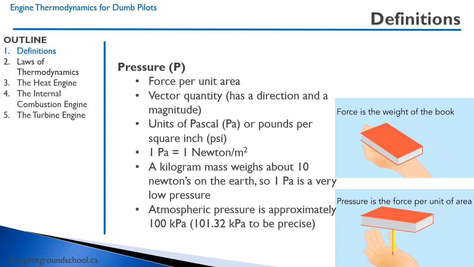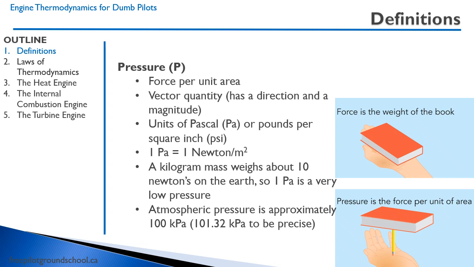That would be very, very low pressure, like you're barely feeling it. I bet a fly landing on you would be more than a Pascal. That's how little it is.